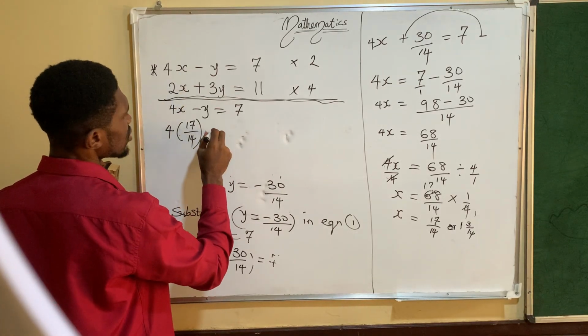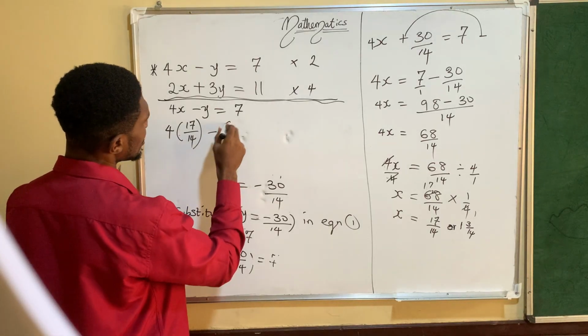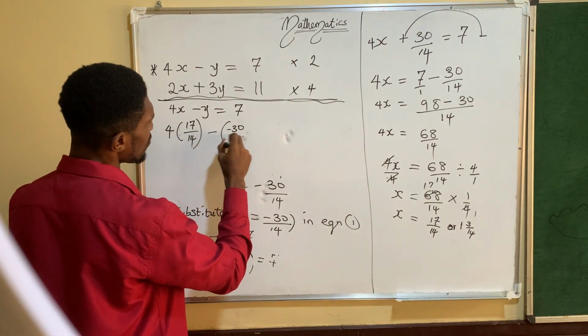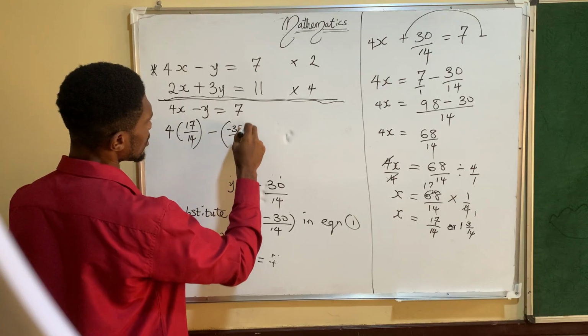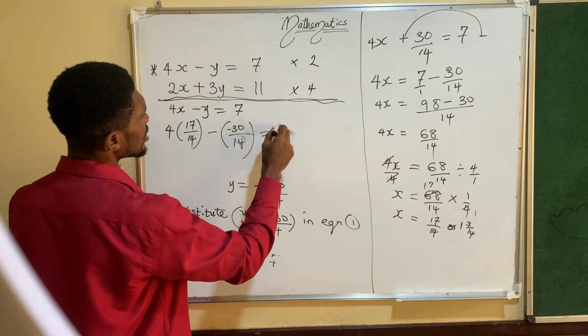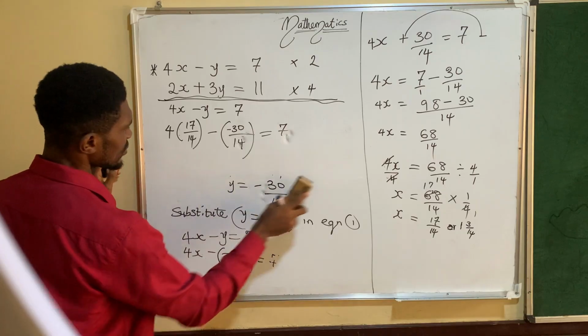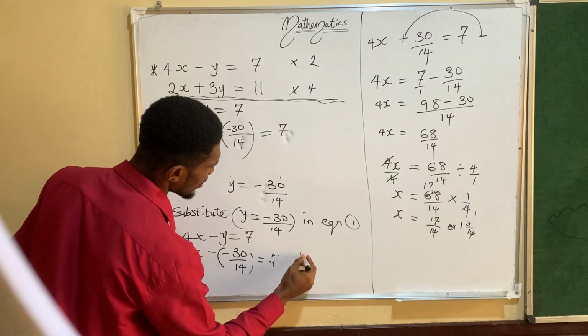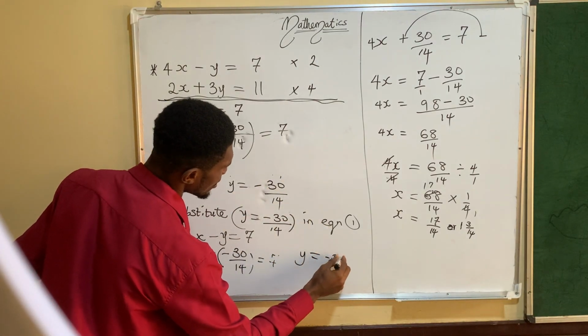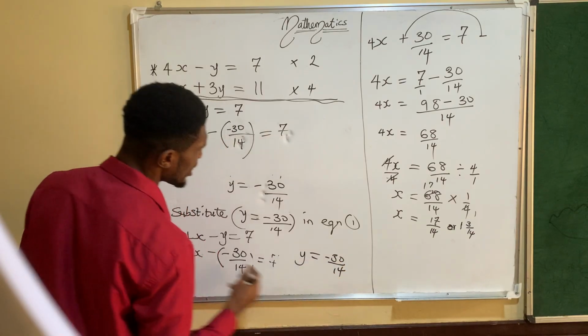Then minus, whenever we see y, we say is minus 30 over 14. Then equal to 7. Remember, our y is equal to minus 30 over 14. So let's write it down.